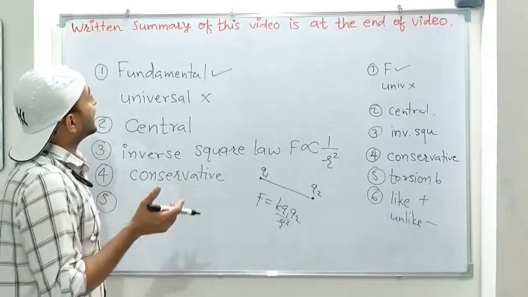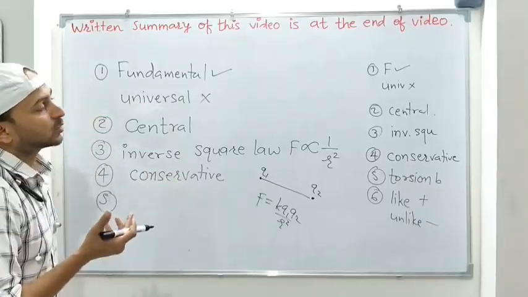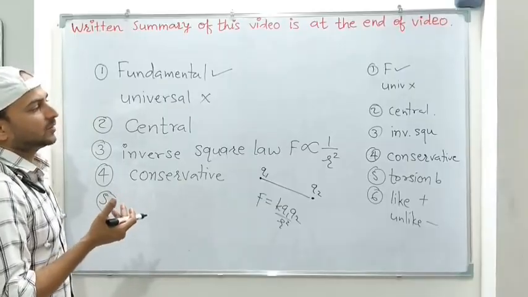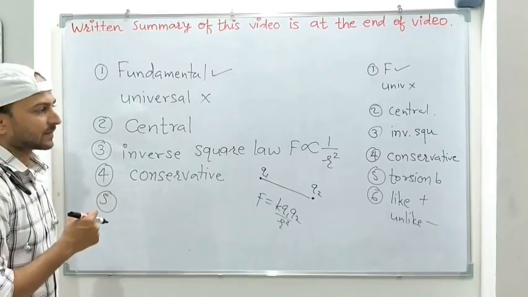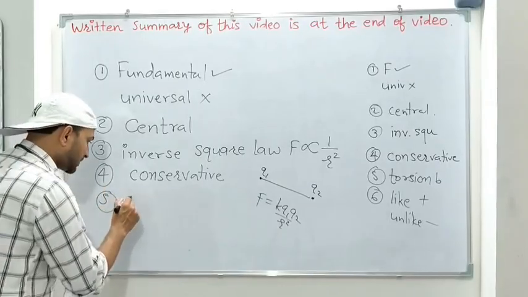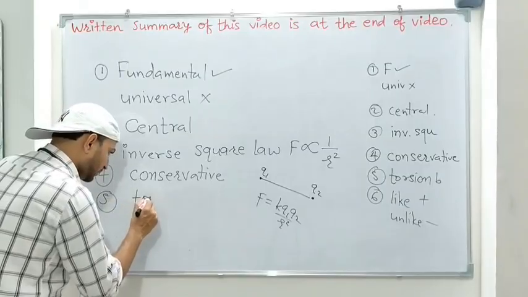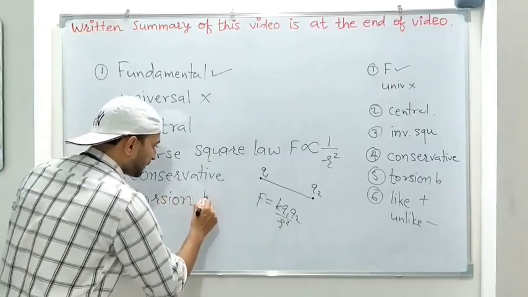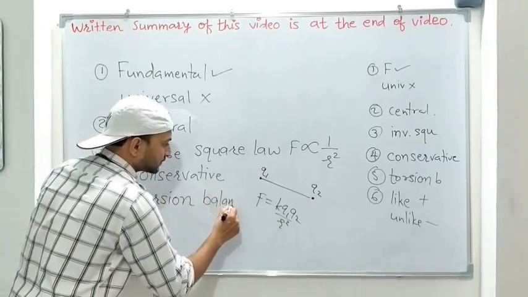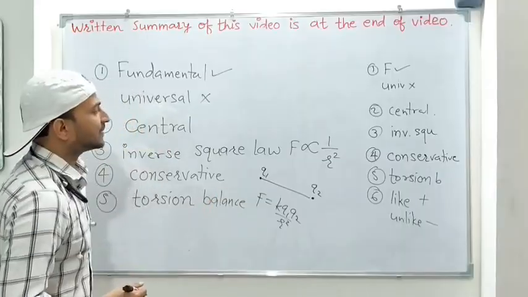So how might the scientist Coulomb have estimated the value of the forces between different charged particles? The answer is by using a special torsion balance. Now what is a balance?